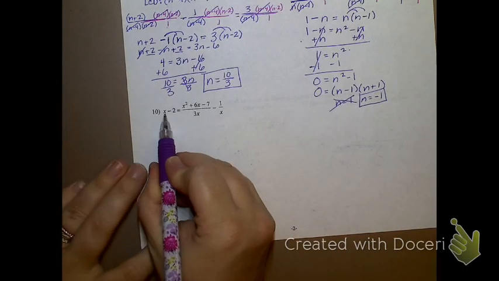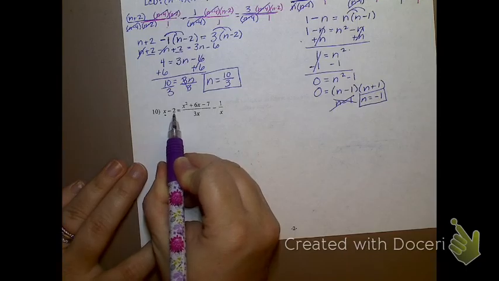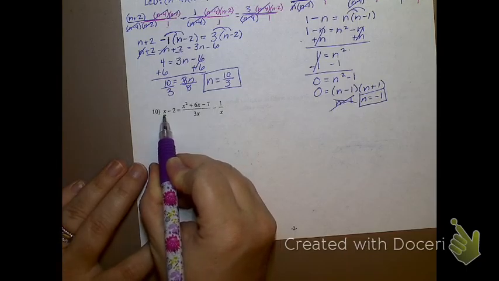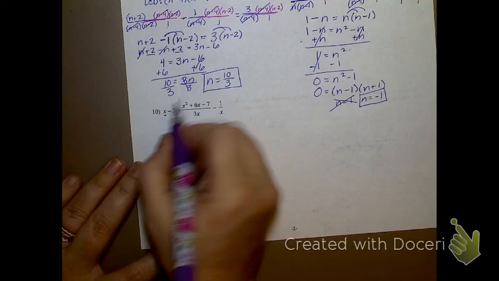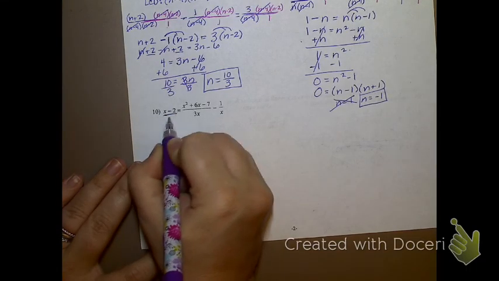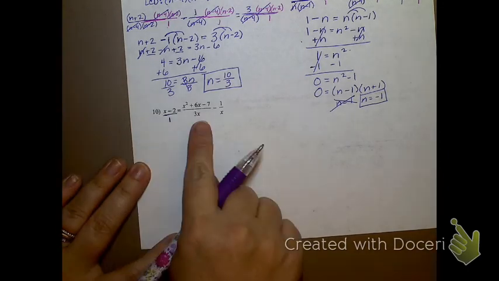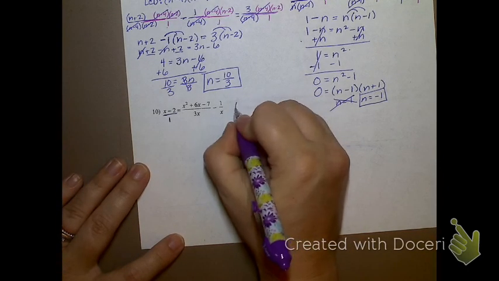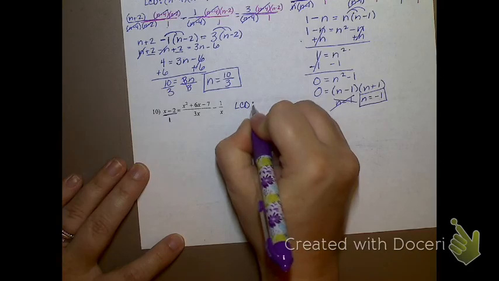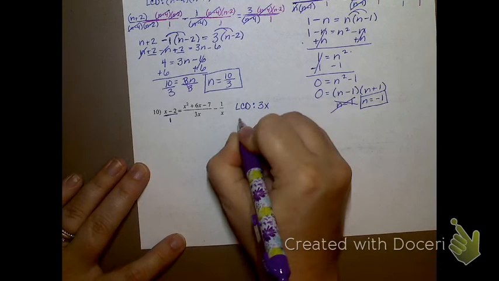Now, x minus 2 doesn't have a denominator, does it? I could treat this as two separate fractions, or I could make life a little bit easier for me and just call it one fraction. So if I have 1, 3x, and x, what's my LCD? 3x. What's my excluded value?